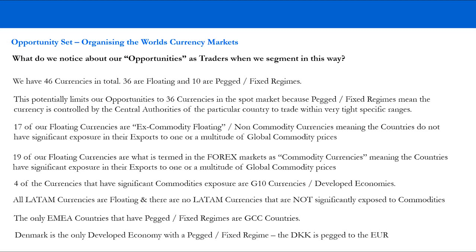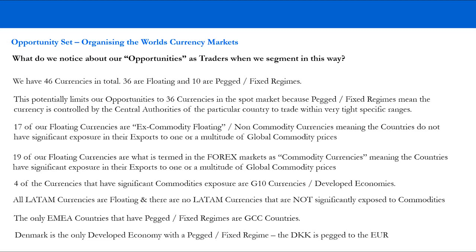So what we find is that out of these 36 potential opportunities, 17 of these opportunities are floating currencies that are ex-commodity floating. So they're non-commodity currencies, meaning the countries don't have significant exposure in their exports to one or a multitude of global commodity prices. 19 of the floating currencies, 19 of these opportunities are what we term as commodity currencies.